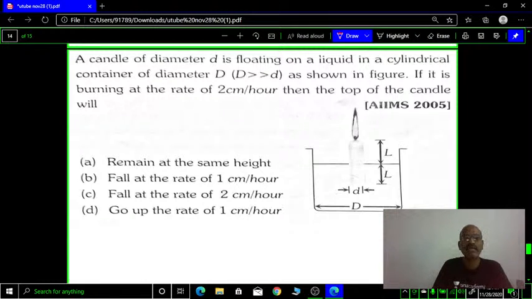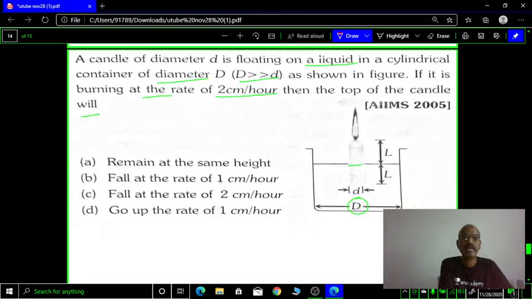See that the cylinder diameter is capital D, the candle diameter is small d, right? D is greater than d. It is burning at the rate of 2 centimeter per hour, then the top of the candle, what happens?